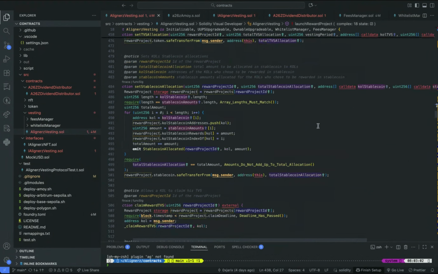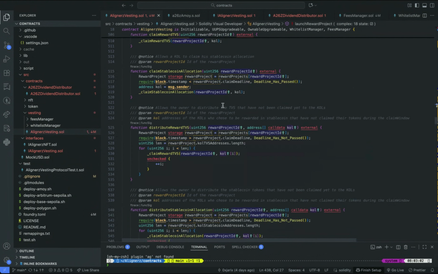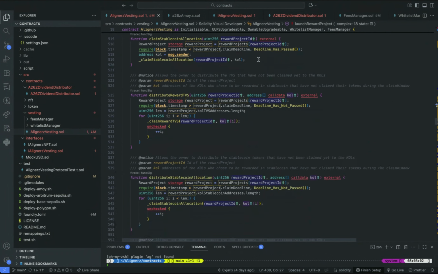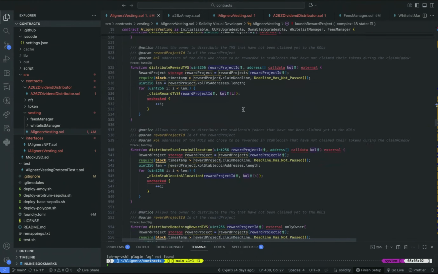Here, a certain KOL can claim his TVS if he was allocated one. A certain KOL can claim his stablecoins if he decided to be allocated in stablecoins.